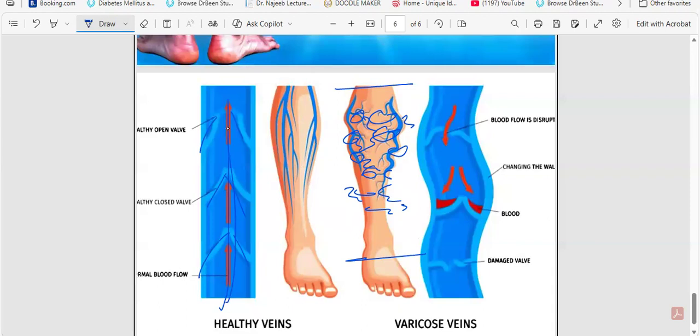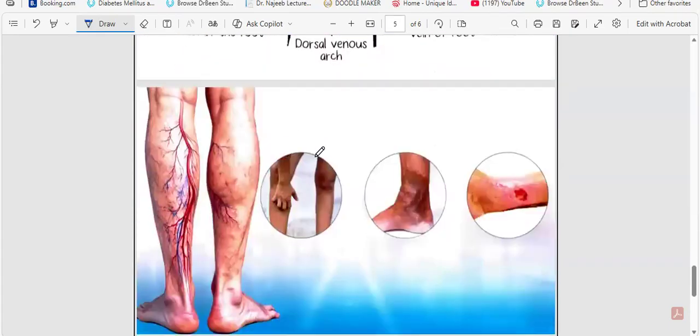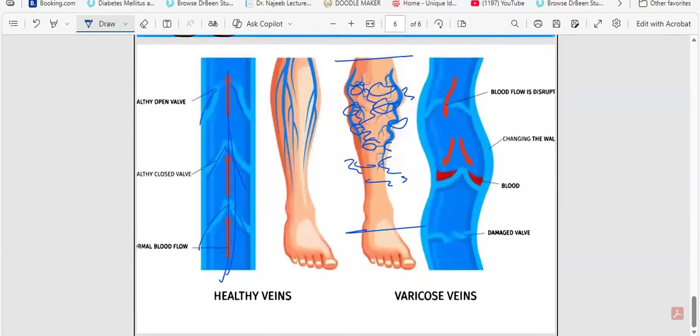So we will perform some tests which give the idea of which valve or which vein is damaged. According to the condition, you do this test. You can see these are the damaged veins. Due to this, the person will develop ulcers, sometimes non-healing ulcers.